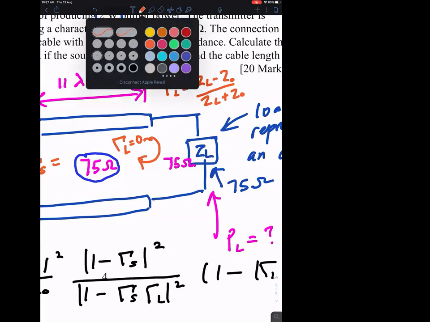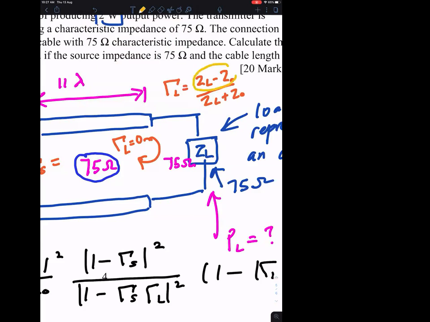Now these two are the same: 75 minus 75 is 0. As a matter of fact, you don't need any mathematics to know this, because the load impedance and the line impedance are the same. So the reflection at the load is 0.